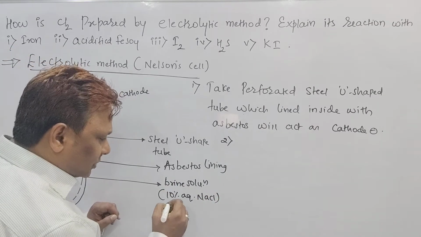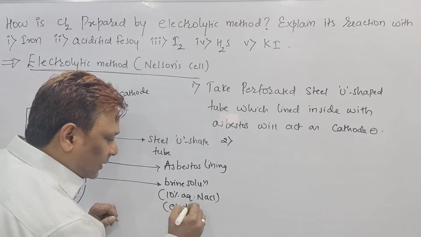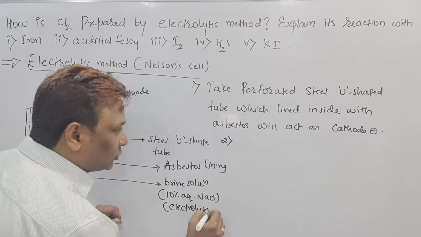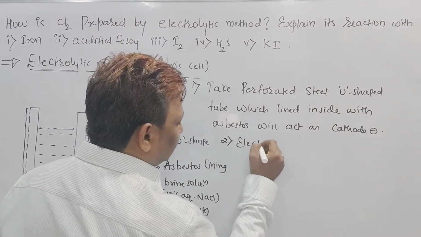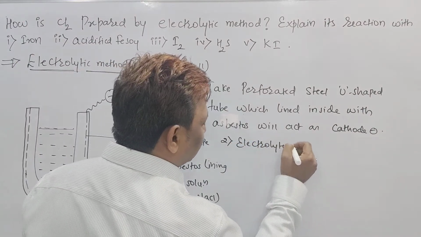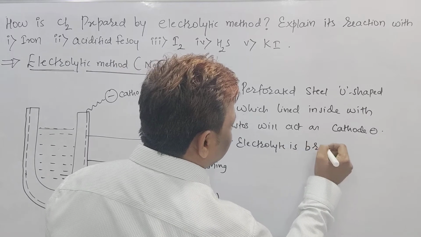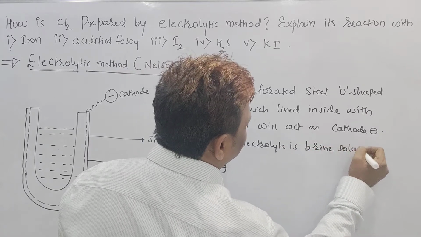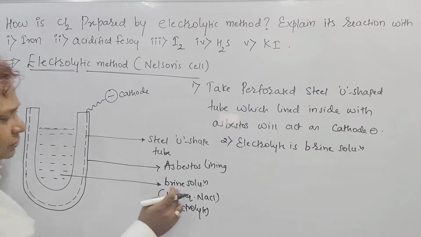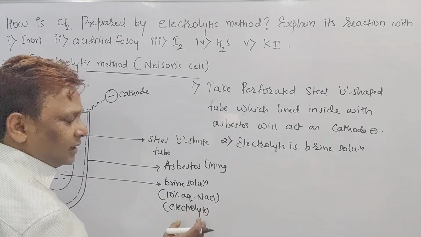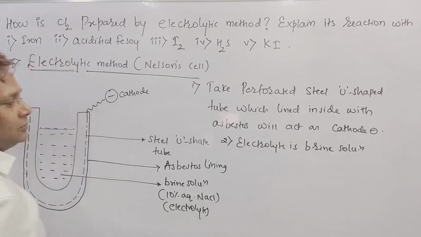And this brine solution will act as the electrolyte. So the second point is that the electrolyte is brine solution. In the diagram you have shown that it contains brine solution, that is 10% aqueous NaCl, acting as electrolyte.